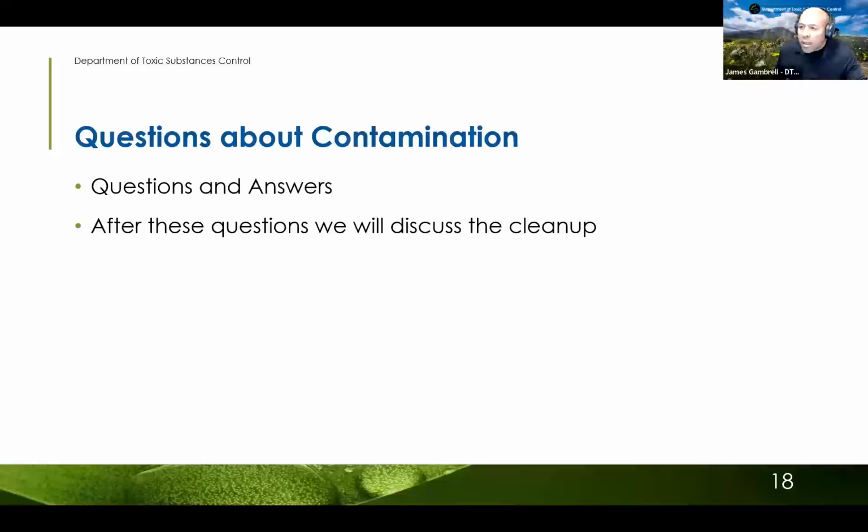Okay. We've got three more questions here, and then we'll move on. The first question we have is, how has the contamination spread since DTSC began investigating this site? Okay, the contamination spreading means how the contamination is migrating off-site.